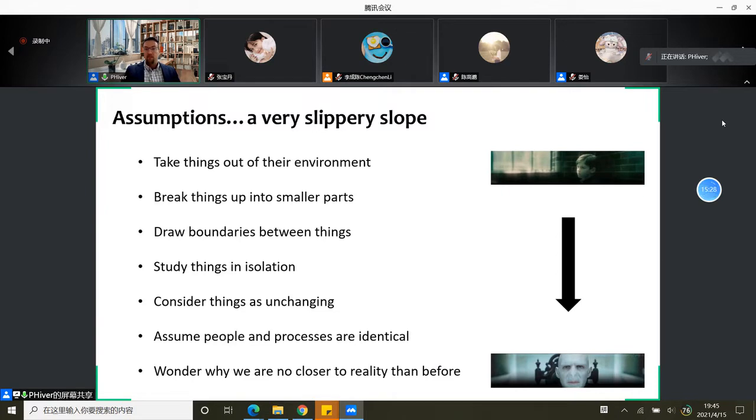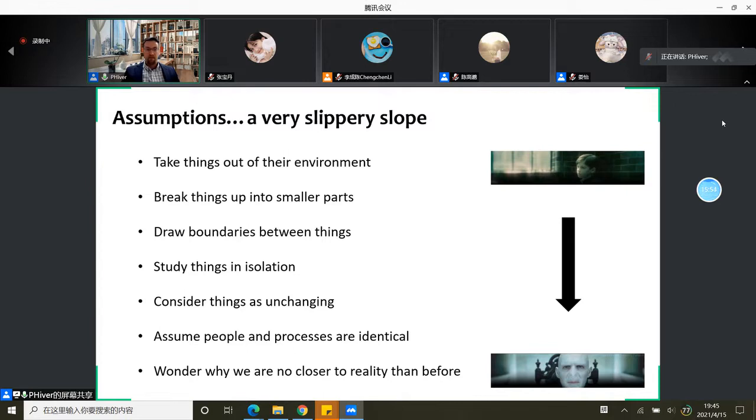So one basic assumption is that to research something, we first need to take it out of its real environment. And there are sometimes good reasons for doing this. For one, the principle of parsimony tells us that simpler is better. Sometimes less is more. But as I mentioned earlier, when you start to look at these assumptions in combination, you start to see some puzzling things.